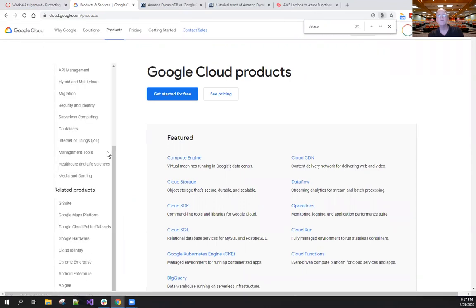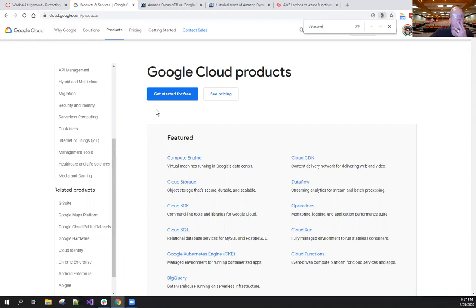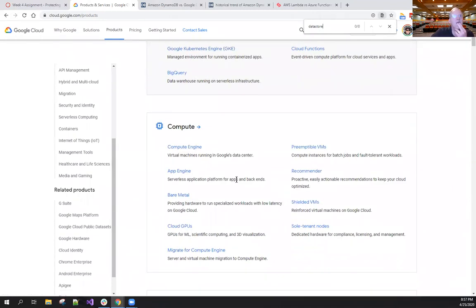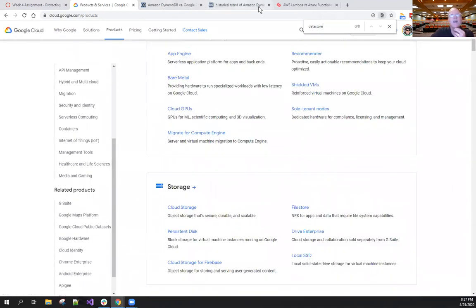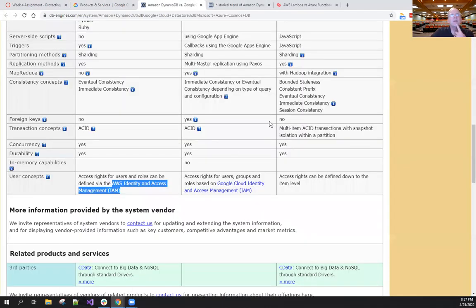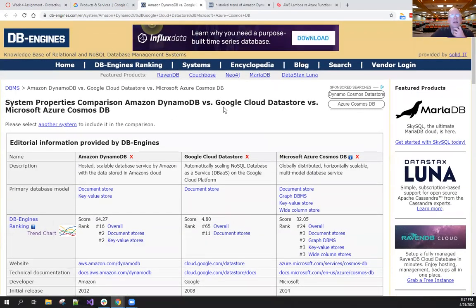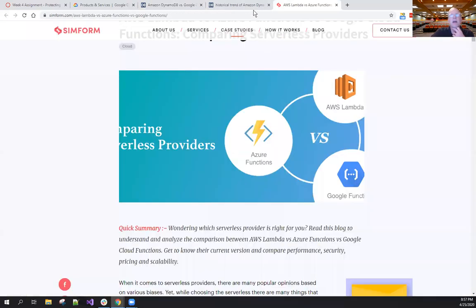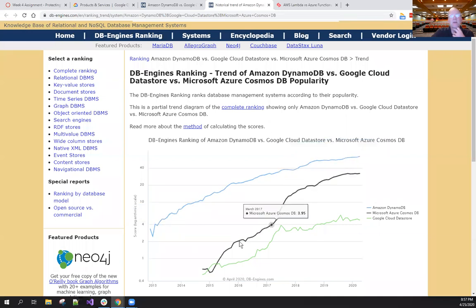Data store. Well, all right, so we see that there's a NoSQL database you can get through the data store. It's not doing as well as the other two. It's solid curve there. This is interesting.